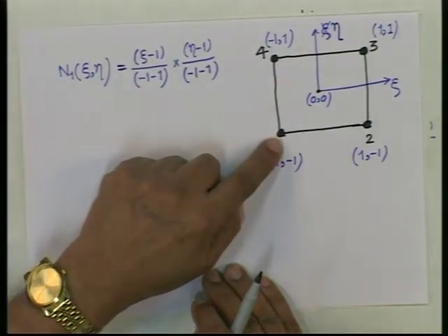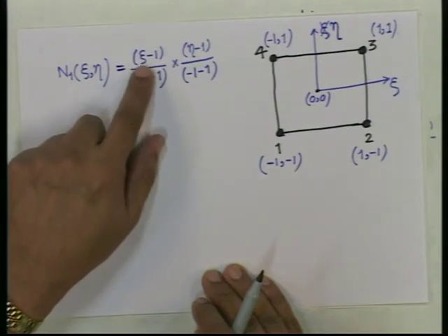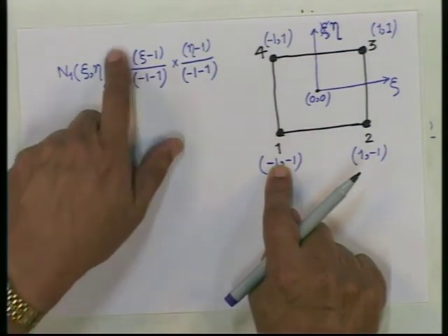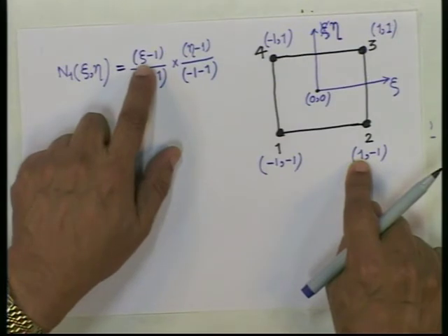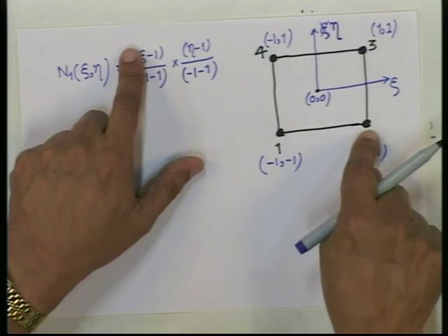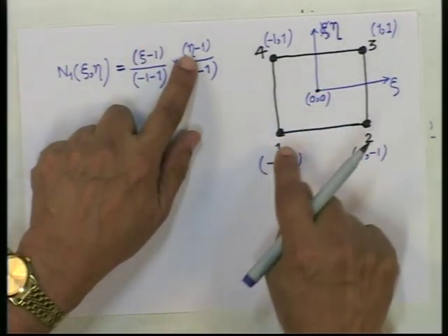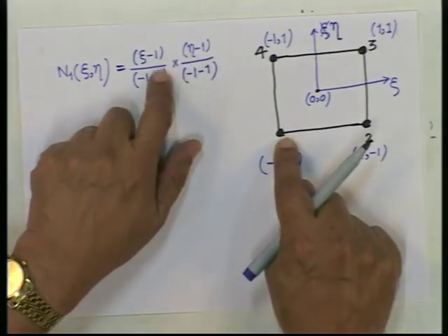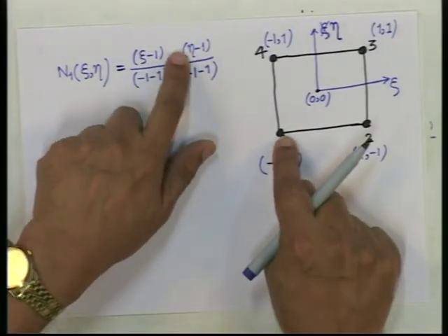Is it okay? You can just check. When psi is equal to minus 1, this will be equal to unity. When psi equals plus 1, this will be 0. So, this follows, 1 and 0 in the psi direction. Now, when eta equals minus 1, we should get unity, since numerator and denominator are the same.